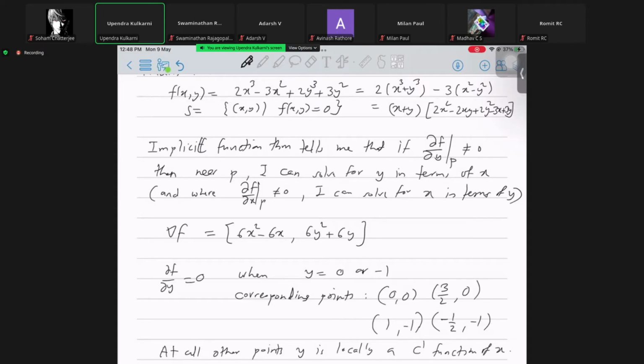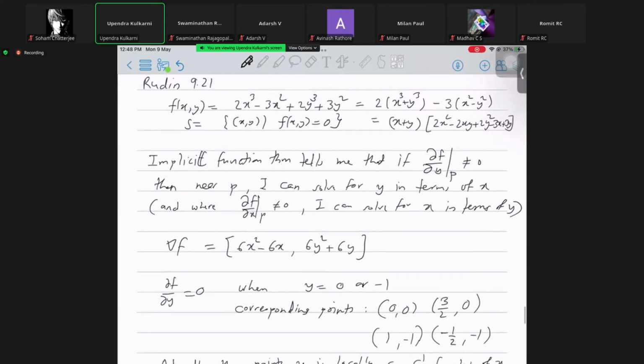Namely the place where you have, so which one are we doing over here? We are trying to solve for y in terms of x. So if I'm trying to solve for y in terms of x, any vertical tangent is going to be maybe problematic, right?